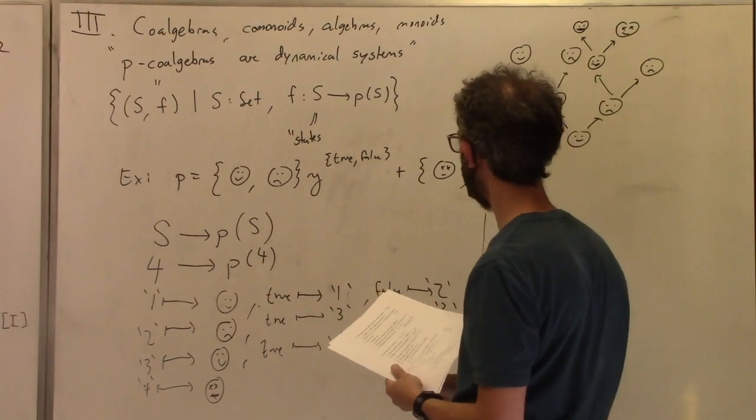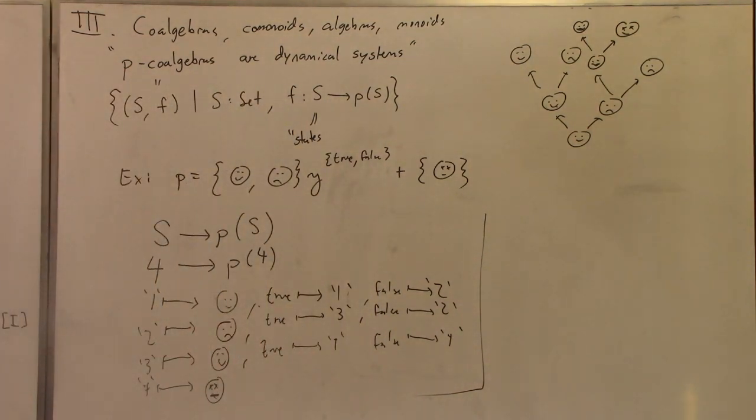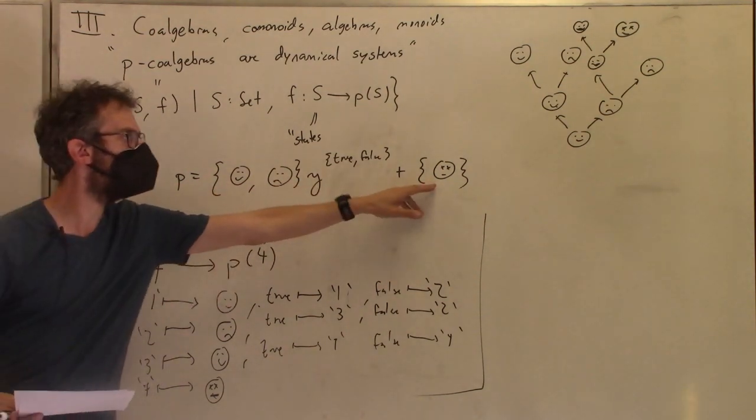Okay, so p-coalgebras are dynamical systems. Formally, they're this, a set S and a function from S to P of S. But in terms of dynamical systems, they're a set of states, and for every element of that set, an output, which is one of these coefficients, this, or this.